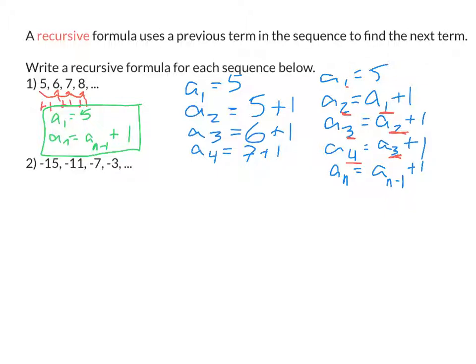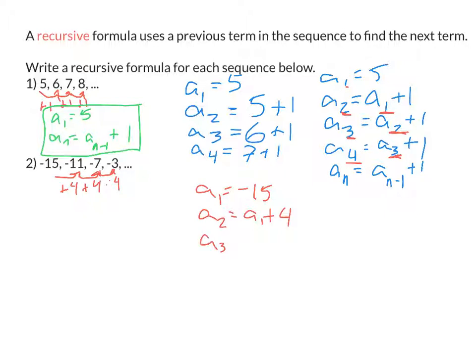In this one, we are adding 4. We started at negative 15, and we're repeatedly adding 4 each time. So a sub 1 is negative 15. For a sub 2, we take our previous term, a sub 1, which was negative 15, and add 4.